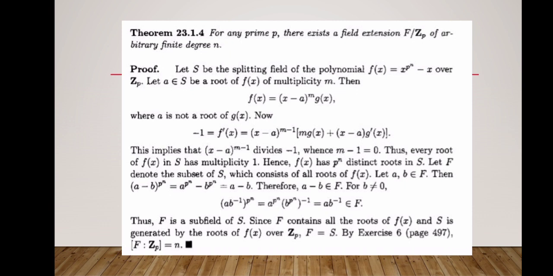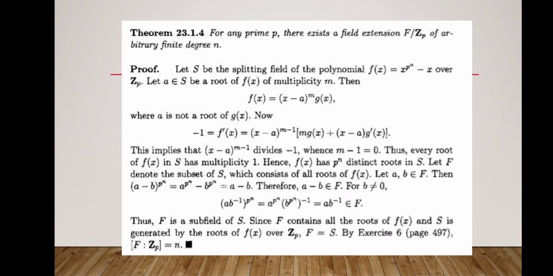Let a and b be elements of F. Then (a minus b)^(p^n) = a^(p^n) minus b^(p^n) = a minus b. Therefore, a minus b is an element of F, where b is not equal to 0. Thus, F is a subfield of S.